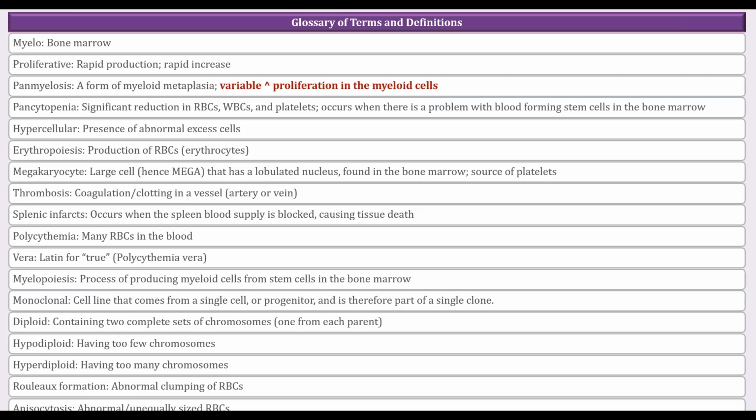This is tissue death caused by a compromised or blocked blood supply in the spleen as a result of thrombosis. And so you could see this in Polycythemia vera or ET. This is a good list to keep handy when you're navigating your cases and reading through your reports. Half the battle is really just understanding what you're reading in those reports. And once you get that down, things become a lot easier with these heme cases.